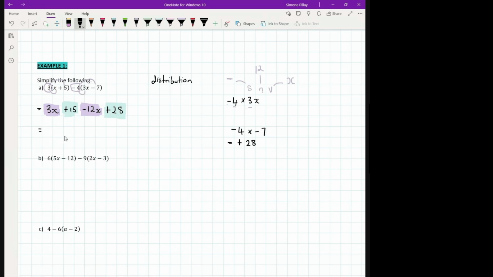Yep. Which those are terms. Mm-hmm. And then, ma'am, we say 3x minus 12x plus 15 plus 28. So you want me to group them together? Yes, ma'am. Yep, that's okay. That's perfectly okay.